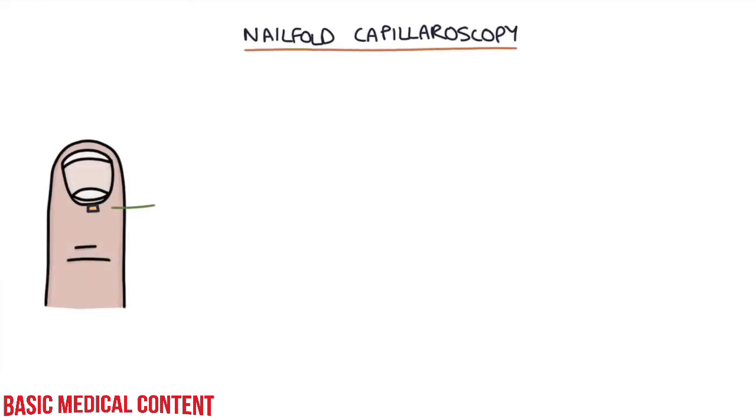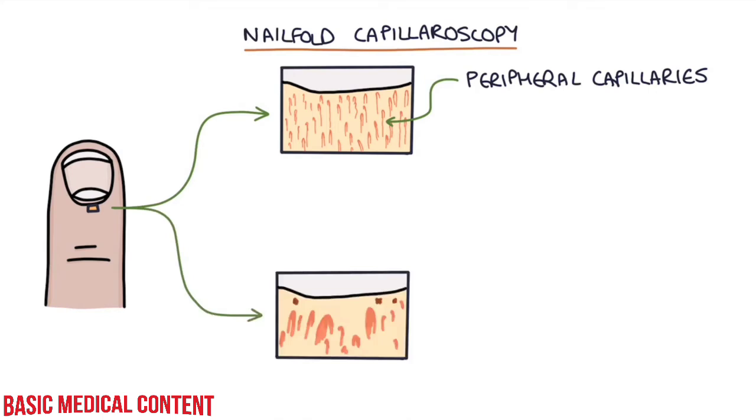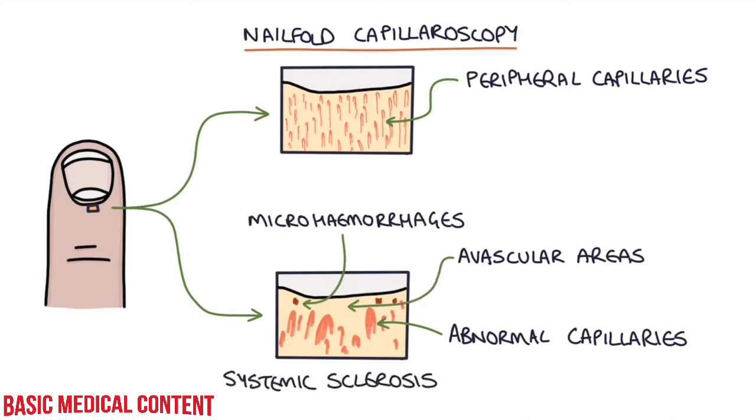Next, let's talk about nail fold capillaroscopy, which is a technique to magnify and examine the area of the skin where the base of the fingernail meets the skin of the finger, and this is called the nail fold. This allows us to examine the health of the peripheral capillaries. Abnormal capillaries, avascular areas, and microhemorrhages can indicate systemic sclerosis.